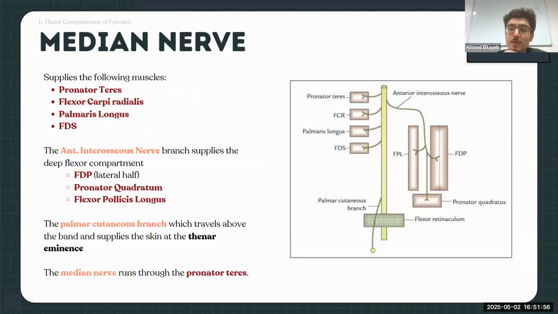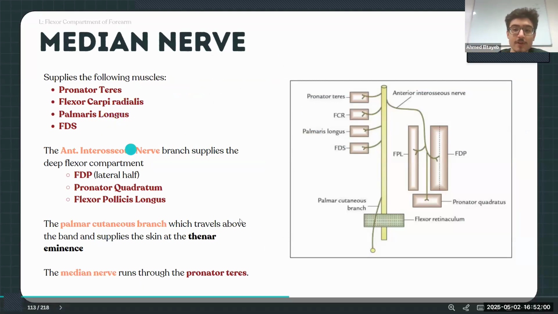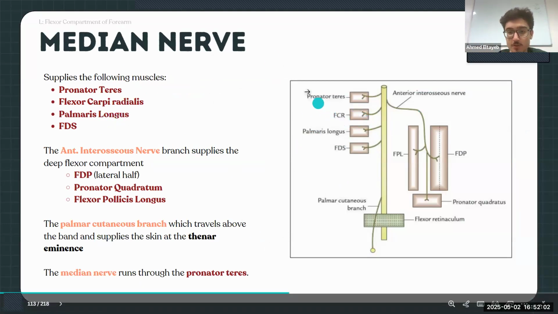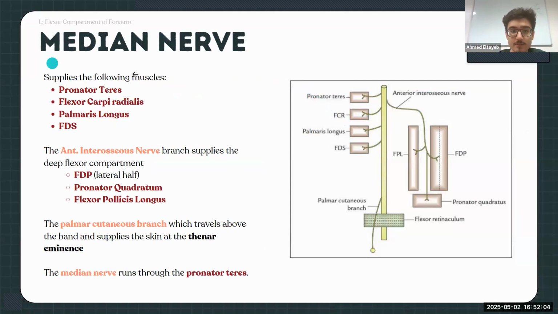Let's talk a bit more about the innervation. We said that what innervates most of our flexor compartment is our median nerve, right? From the median nerve directly, we're going to innervate these 4 muscles: pronator teres, flexor carpi radialis, palmaris longus, and even flexor digitorum superficialis.